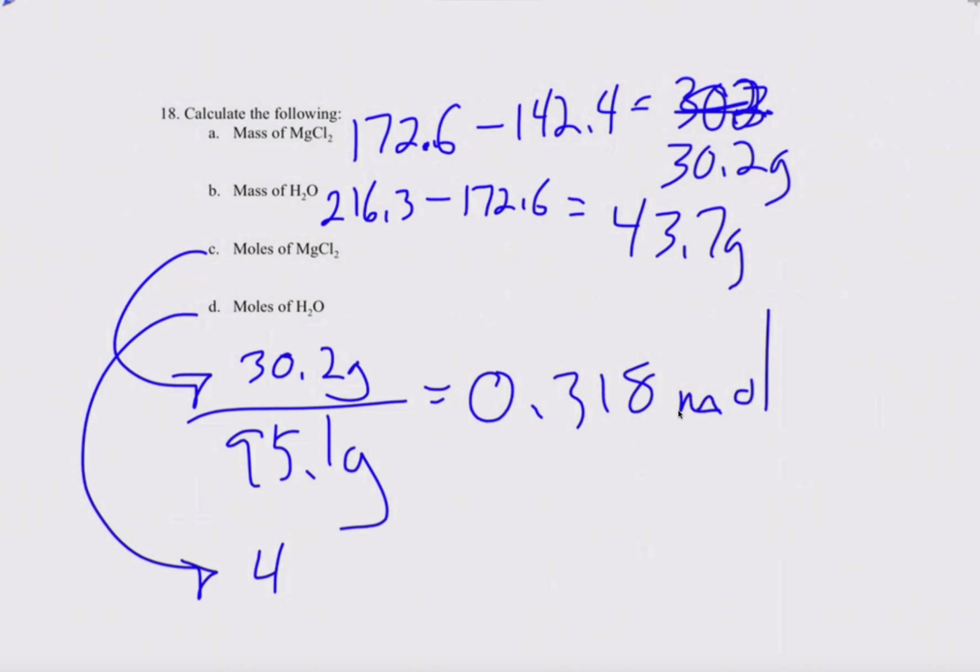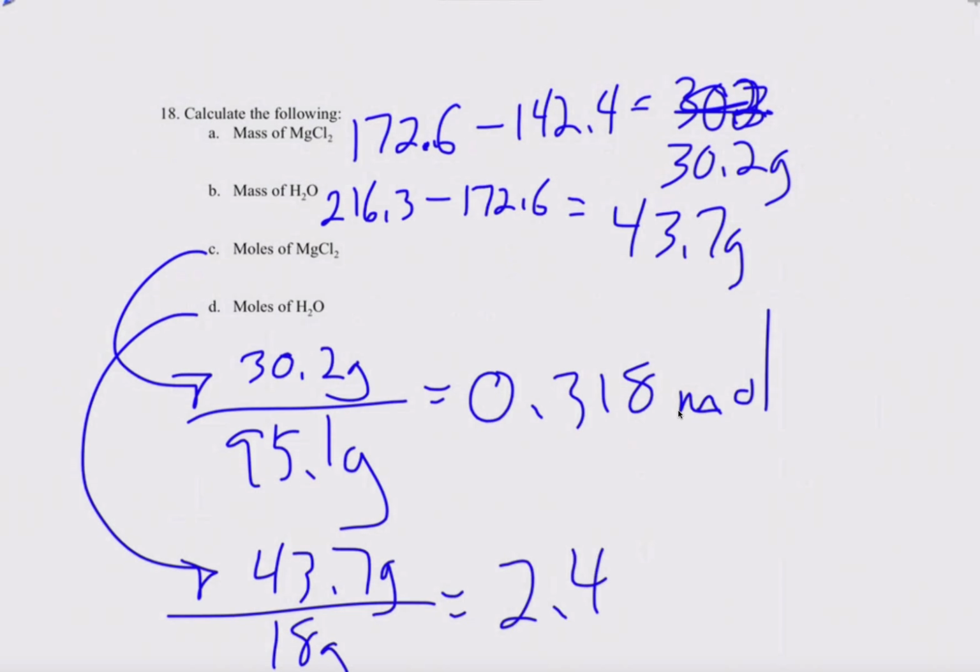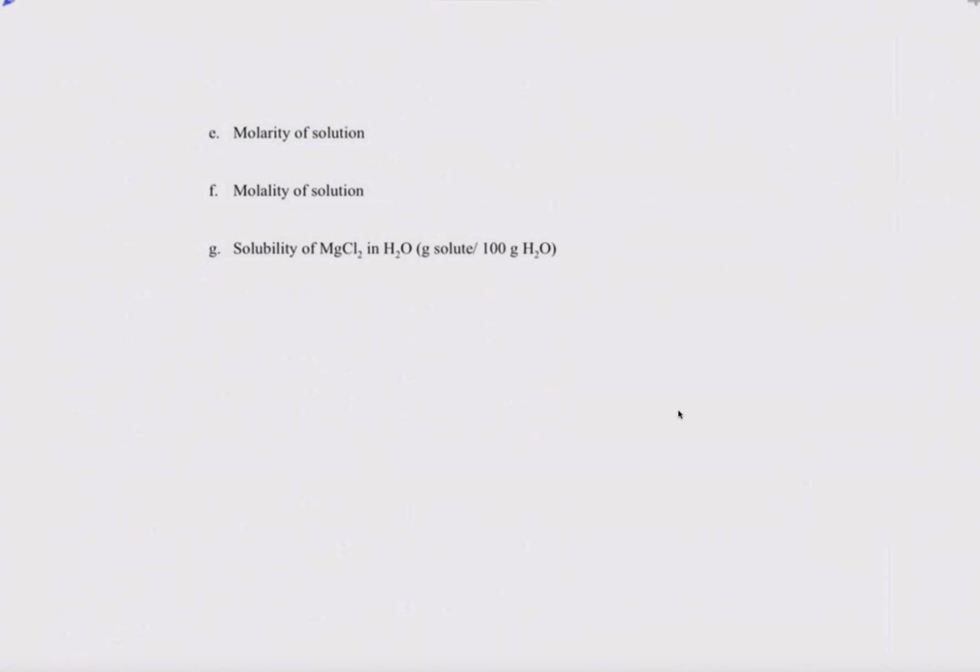We have 43.7 grams of water. Water has a molar mass of 18 grams. 43.7 divided by 18 is 2.43 moles of water. Okay, so we know how many grams of each substance, how many moles of each substance. So we can do some calculations here.